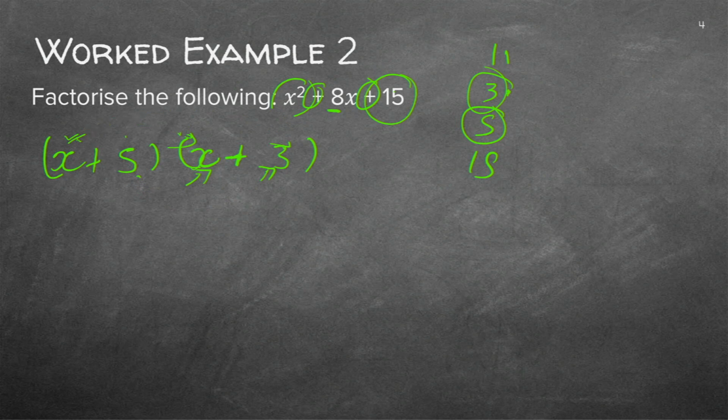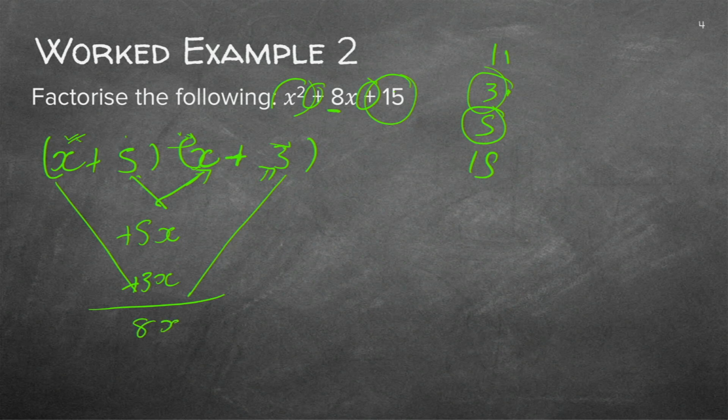you simply say this term multiplied by that term gives you 5x. The first term multiplied by the last term will give you 3x, and when you add the two will give you 8x, which is the middle term, and you've managed to factorize fully. Let me write it here.